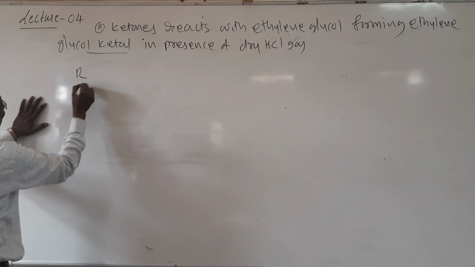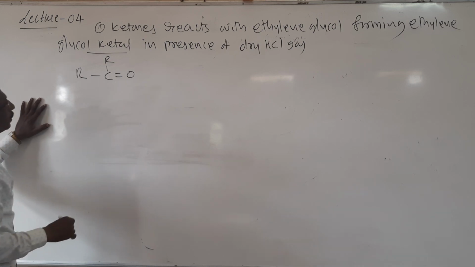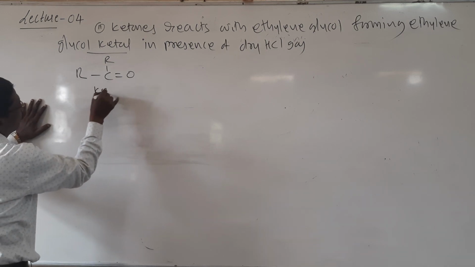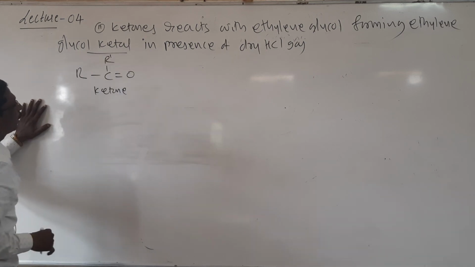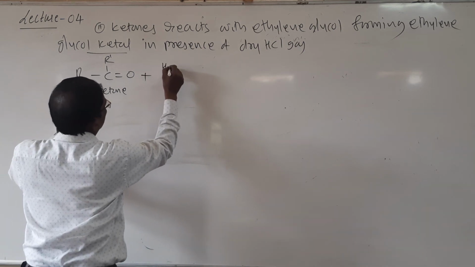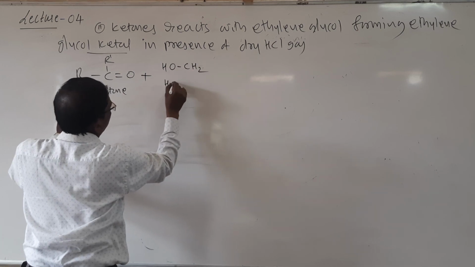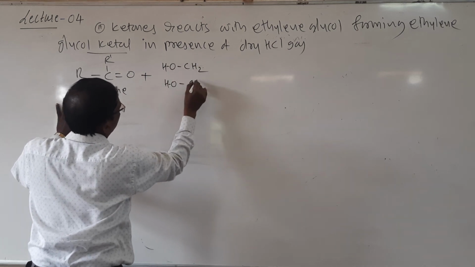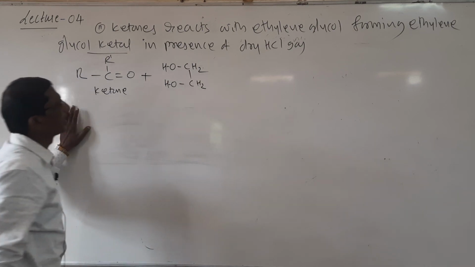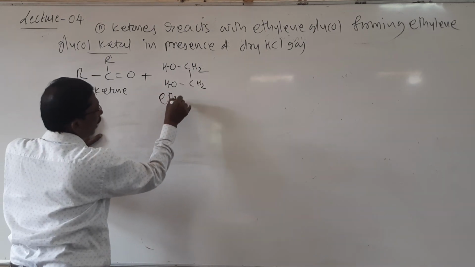So R C double bond O, R dash, it is called a ketone. So plus here I will write ethylene glycol like this, CH2OH, CH2OH. It is called ethylene glycol.